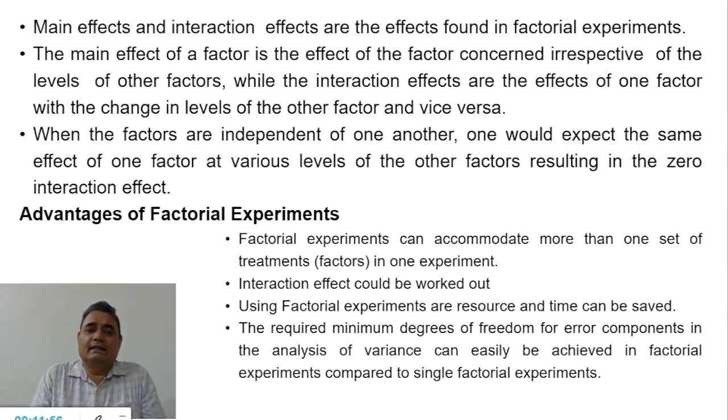While the interaction effect is the effect of one factor with the change in level of the other factor and vice versa. Well, if I am changing the level of one factor and seeing the consequences of that change, that is the interaction effect.